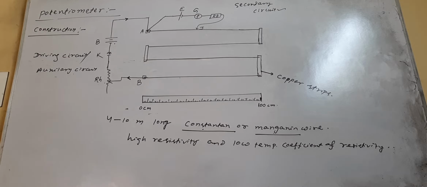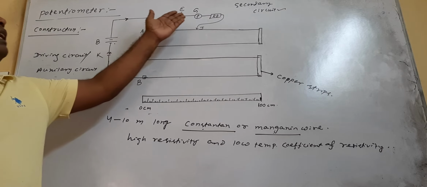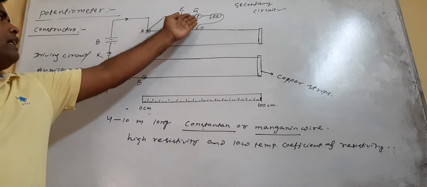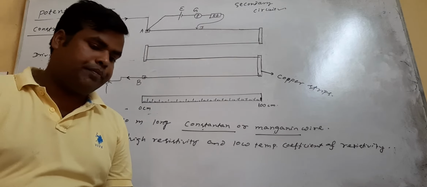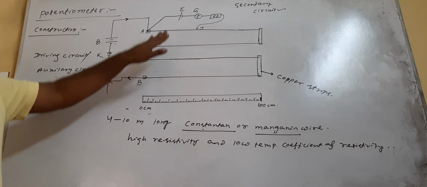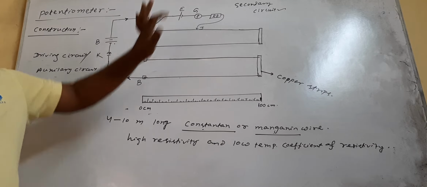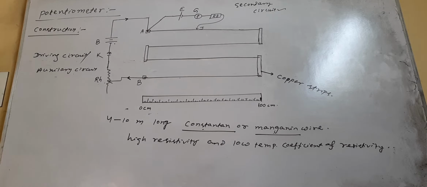And in the secondary circuit, we have a cell connected to a galvanometer, resistance box, and jockey. And you remember, this secondary circuit can be changed according to your requirement. Now come to working.